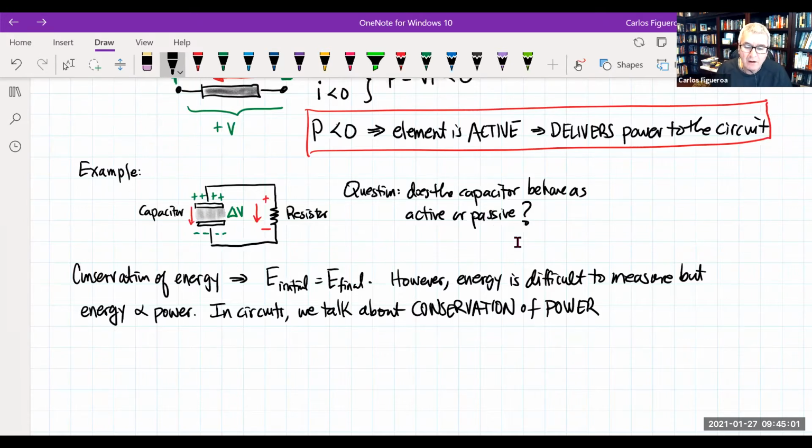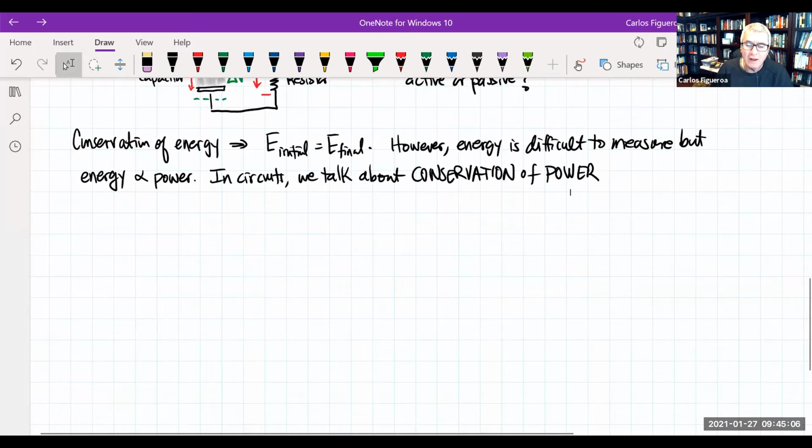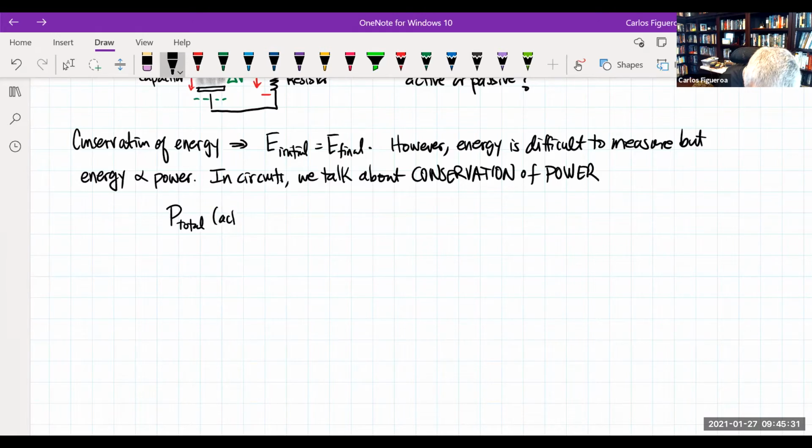And what do I mean by conservation of power? There's a couple ways that we can write this. If you go online or look at textbooks, they're going to write it a different way. But I think we can say this: when I think about conservation of power, what I really mean is that the total power that's active must also be equal to the total power that's passive.